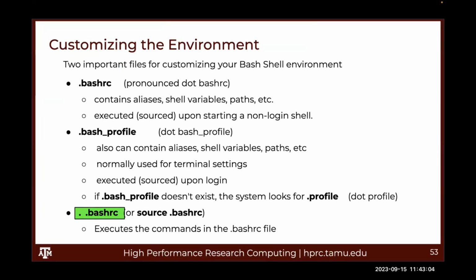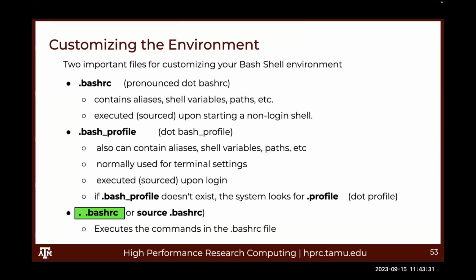So there are two important files for customizing your bash shell environment. There's the .bashrc and the .bash_profile. The .bashrc is going to contain aliases, shell variables like your paths, where it's looking for executable files, things like that.